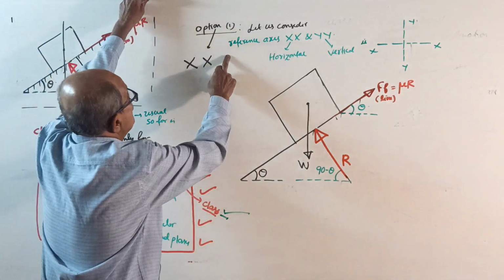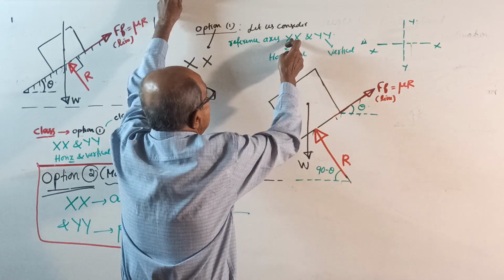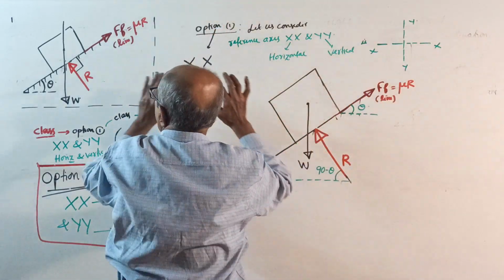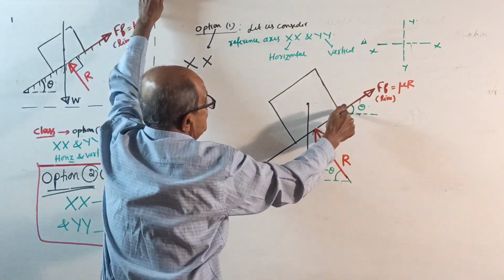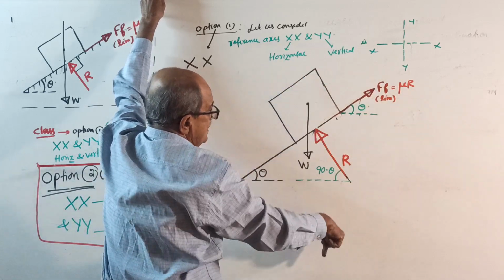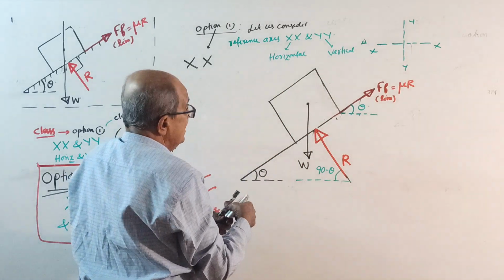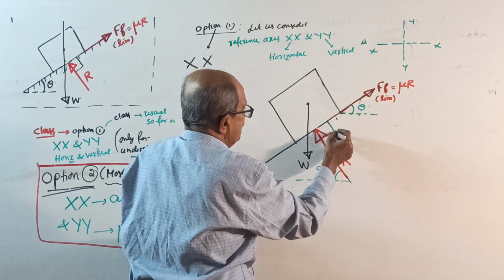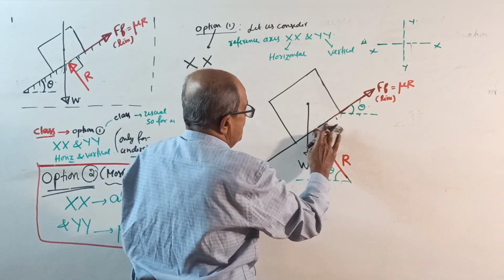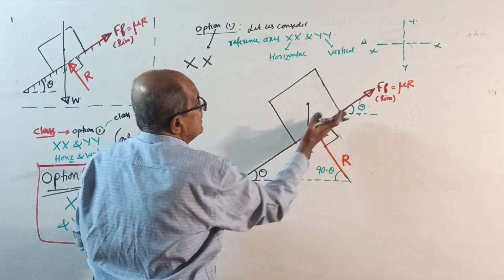Start. Option 1. Let us consider reference axes x, y: x horizontal, y vertical. Now put the sketch. Here is the block, weight acting vertically down, normal reaction perpendicular to the plane. You know this already. Normal reaction is perpendicular to the plane, and frictional force along the plane.